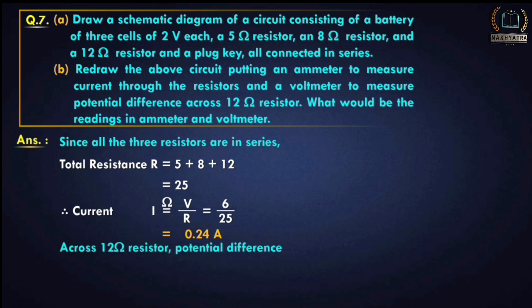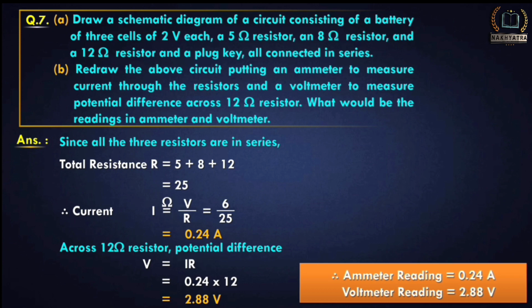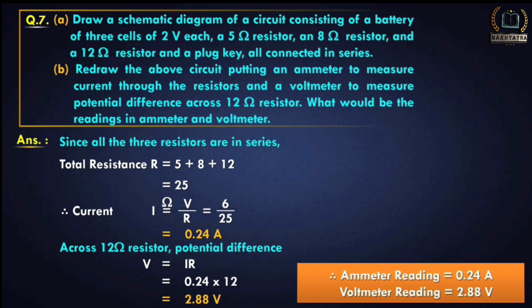Across 12 ohm resistor, the potential difference V equal to I into R. Put the values here, 0.24 into 12. We will get 2.88 volt. Okay. So the answer is ammeter reading equal to 0.24 ampere and the voltmeter reading equal to 2.88 volt.